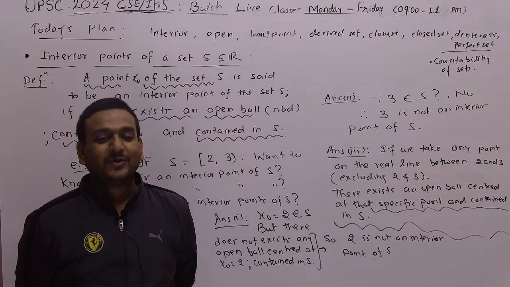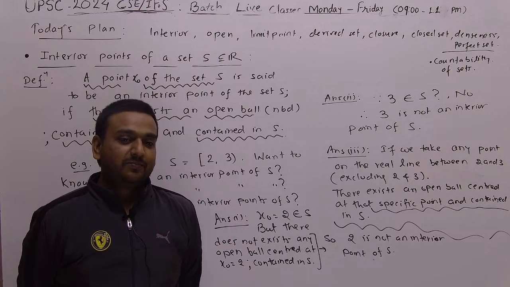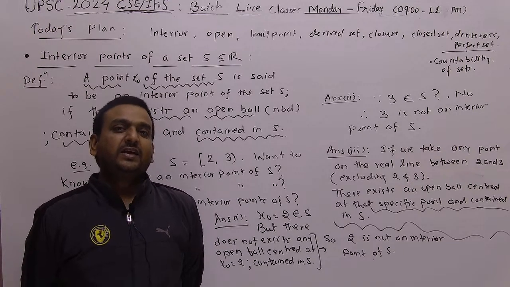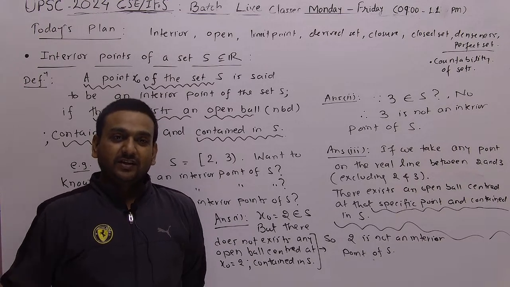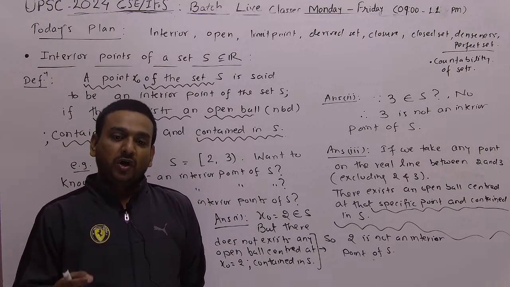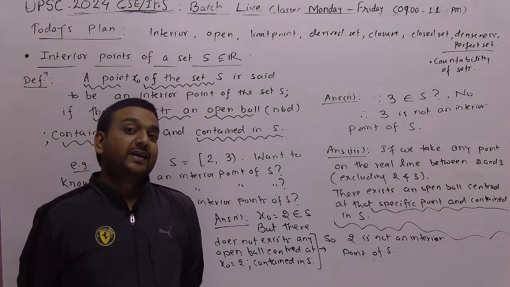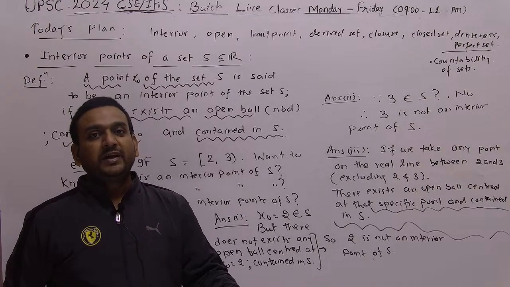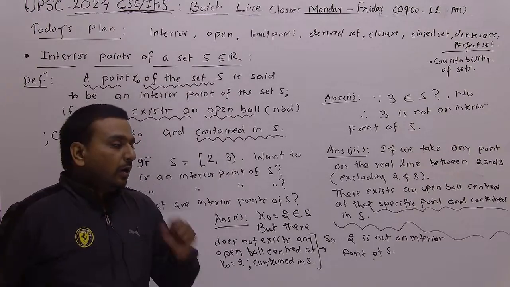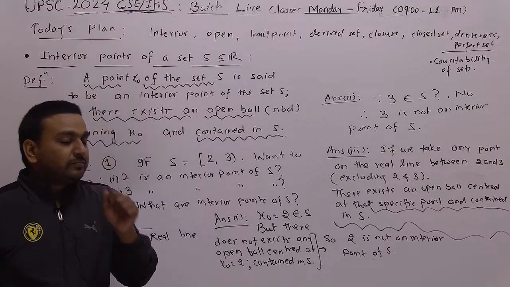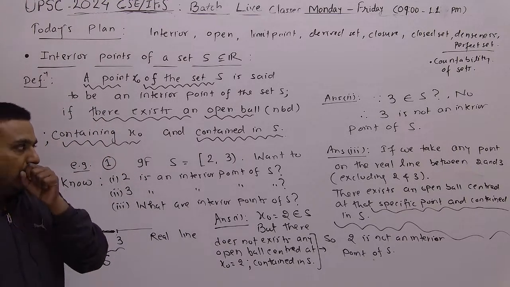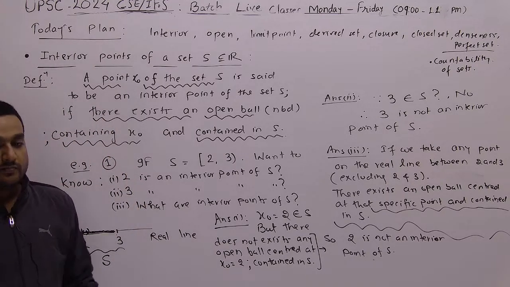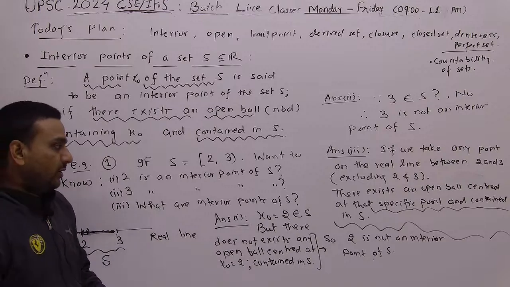Which point will you give me? If you say 2.99999998, I will say just take an open ball centered at 2.99999998 of radius 0.00000000001. Interior point is clear or not?